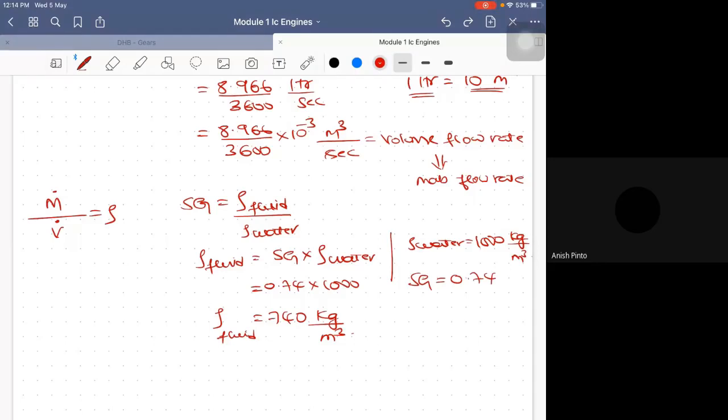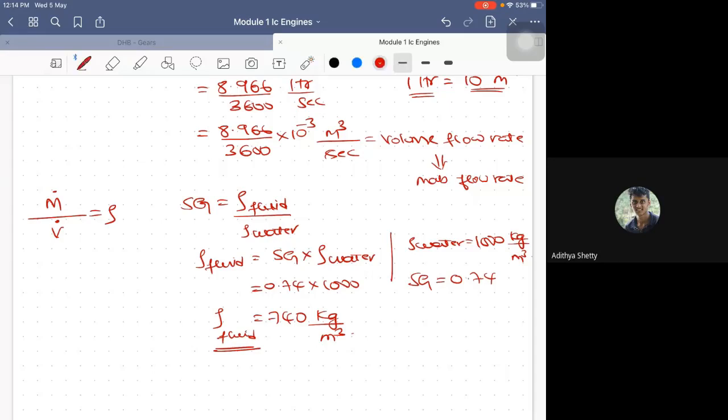Got it? So if you know the rho of the fluid, come back to this particular concept. If now I know the rho of the fluid, and I know the volume flow rate, can I calculate the mass flow rate? Yes or no? Yes.